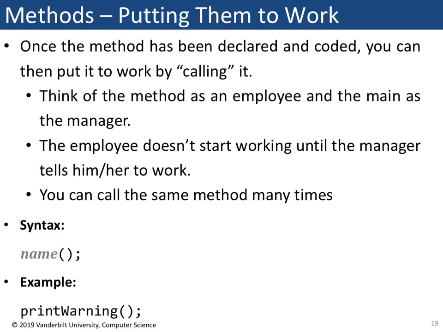Now the reason that there are no arguments to pass the method is because we did not declare the method to have any arguments. So an example from the previous slide, we created the method printWarning. So in order to call the method printWarning, we would simply type the name printWarning followed by open and close parentheses and a semicolon.